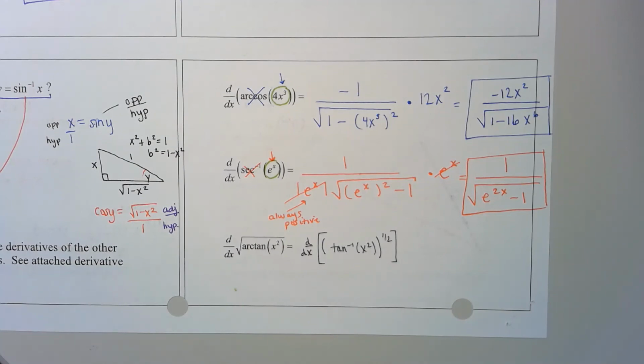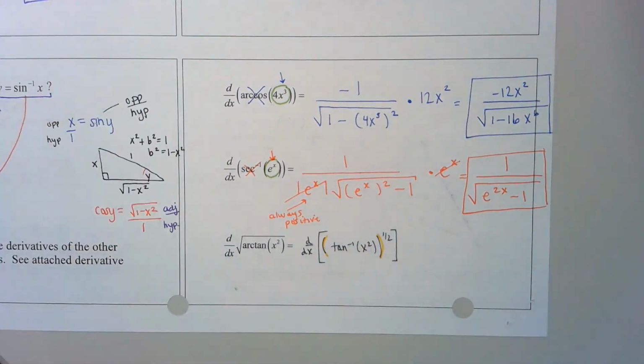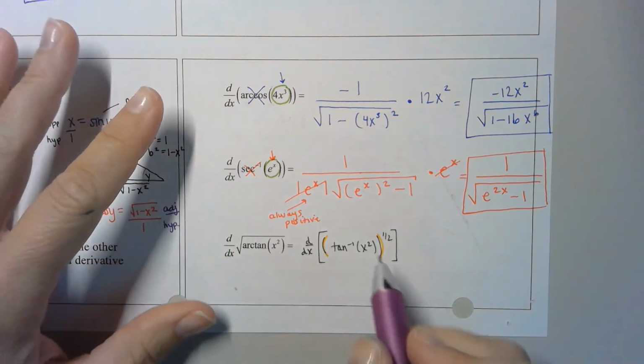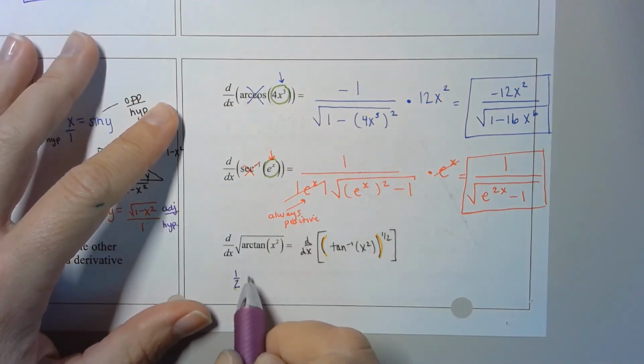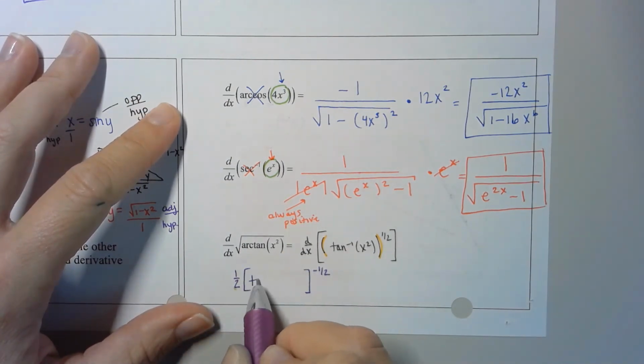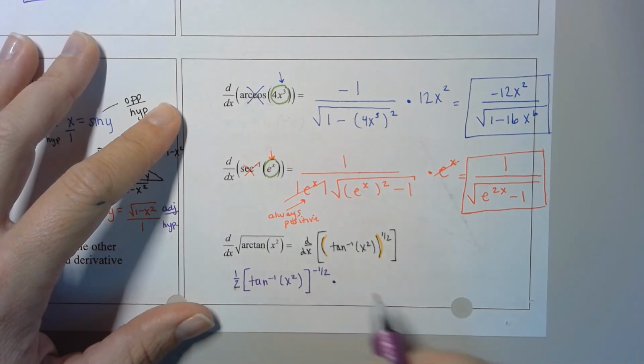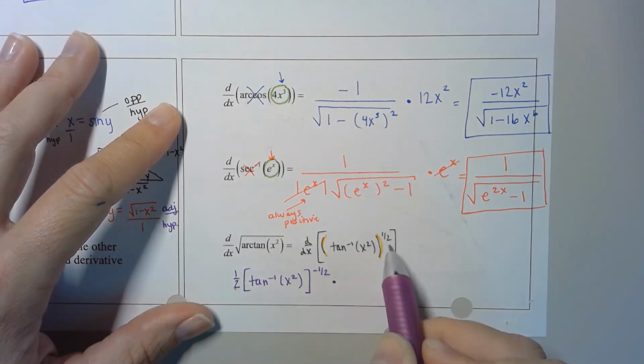Look at this big old set of parentheses. The outside was that square root, so we're going to deal with that first. I'm going to bring the 1/2 down in front. I'm going to subtract 1 from the exponent. The inverse tangent of x squared doesn't change. Great. Times. We just took care of the 1/2.